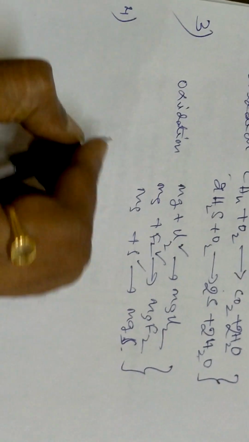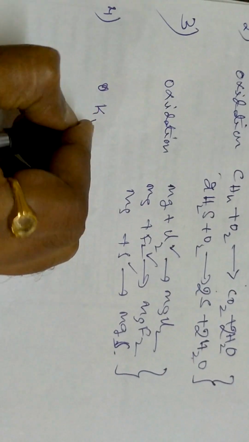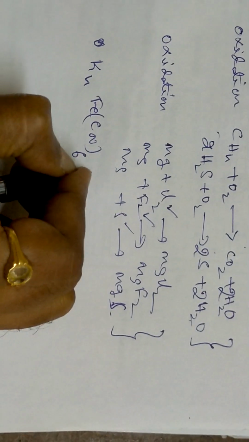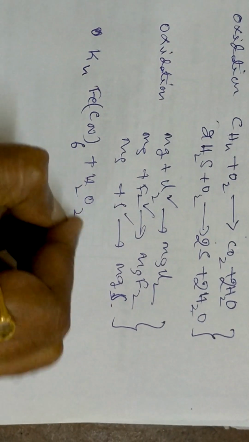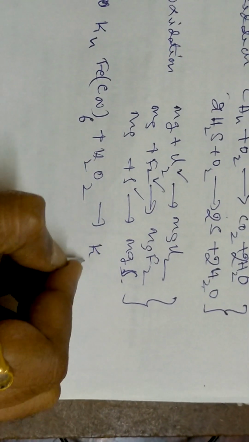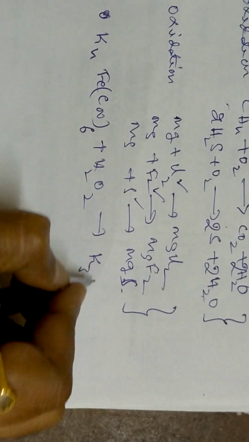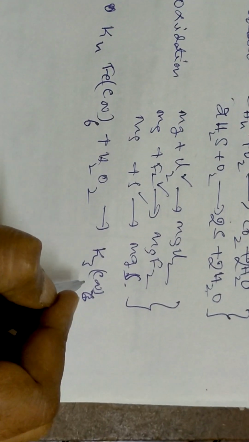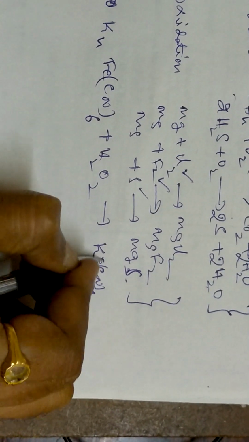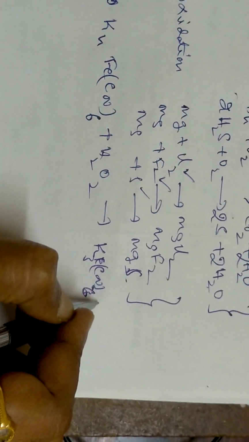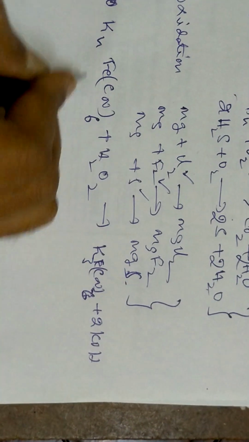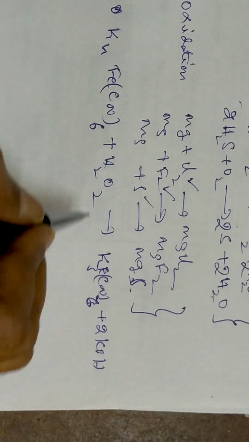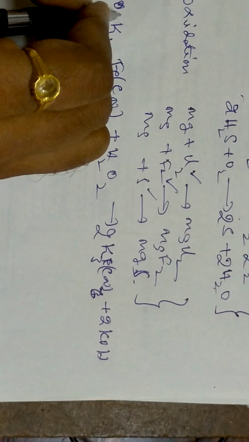One more variety has come. Potassium ferrocyanide, K4[Fe(CN)6], reacting with hydrogen peroxide gives potassium ferricyanide, K3[Fe(CN)6], plus 2KOH. One K has left, so K4, K3, so 2K4, 2K3.